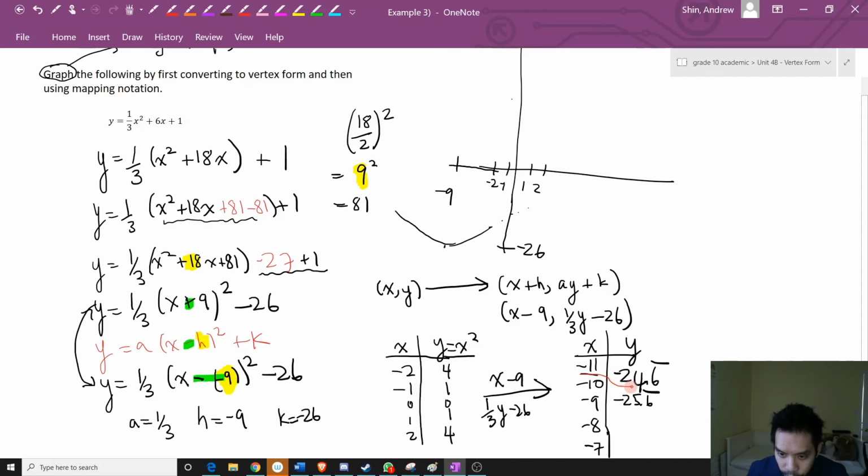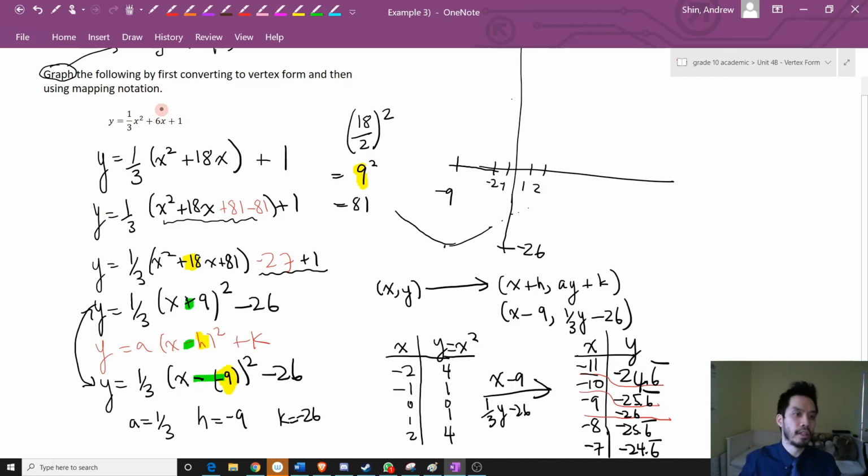So this corresponds, and we can plug in 0 now. So the y value is 1/3 times 0 minus 26, which will be -26, and that is the vertex. And the remaining two will be identical to the ones above because the parabola is symmetric.